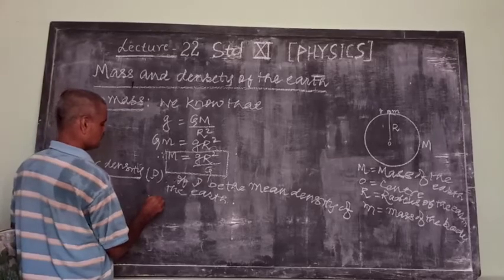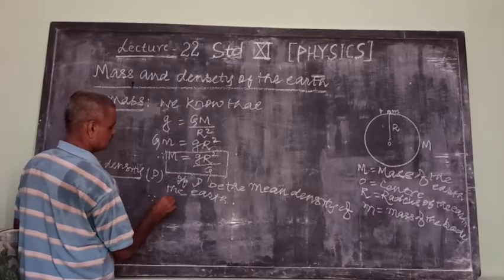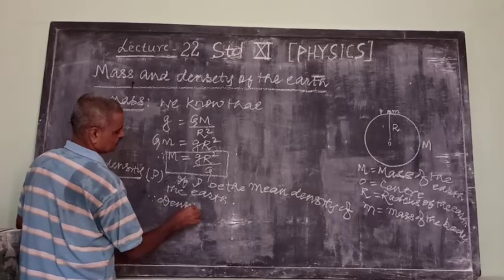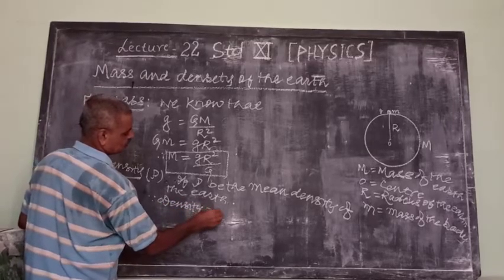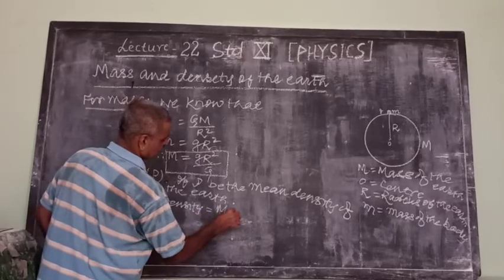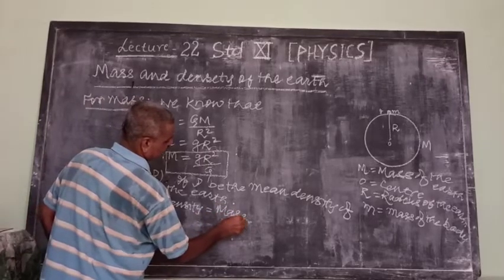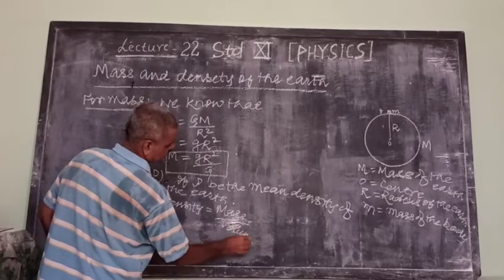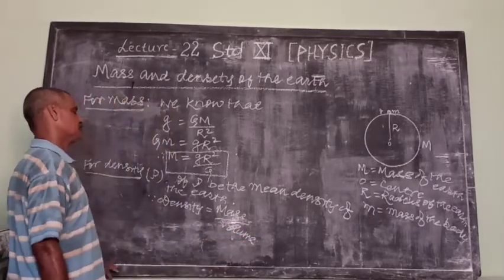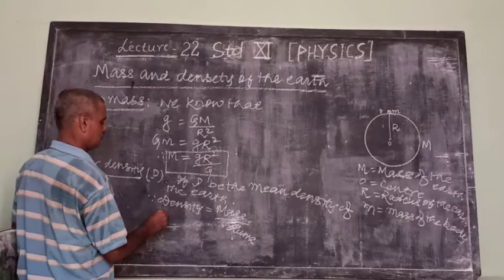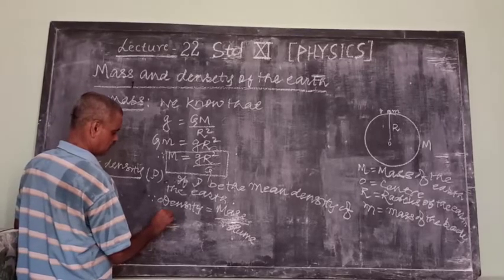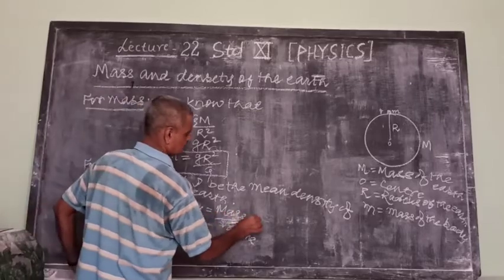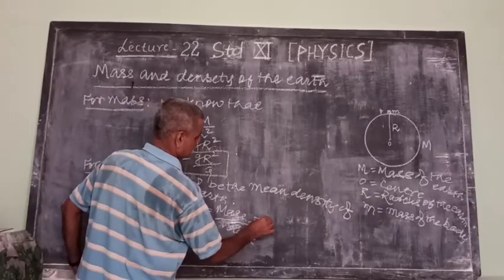Since density is equal to how much? Mass by volume. So rho is equal to M by V.